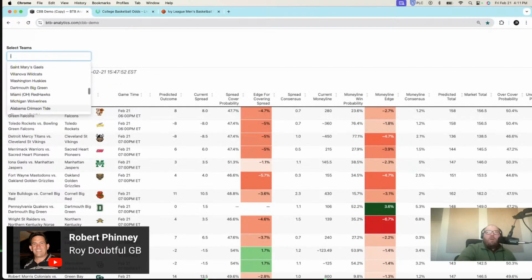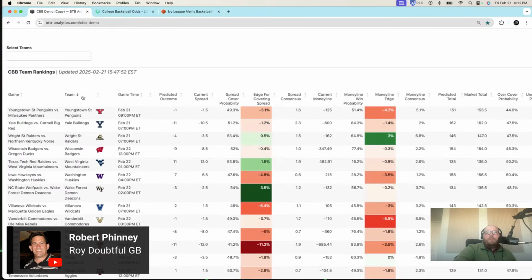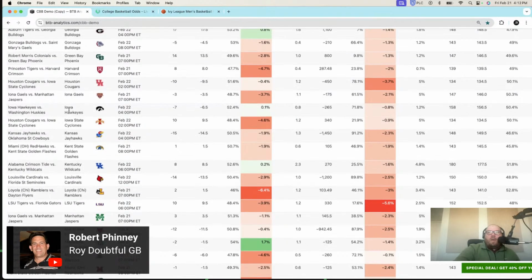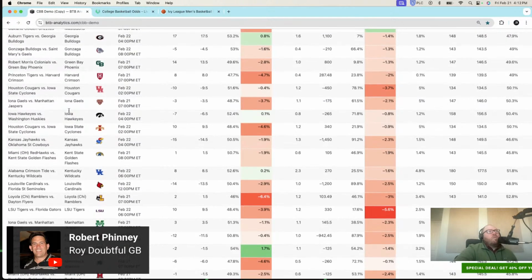Illinois +10 tomorrow. I must not have a number for that game. Illinois, who does Illinois play? High Point Gardner Webb over.